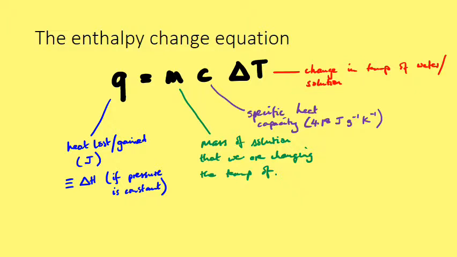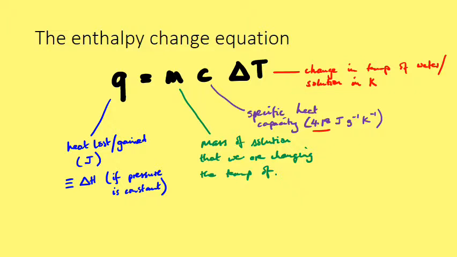So, for example, if it's the enthalpy change of a reaction that we're doing, like with an acid and an alkali, it's not water that we're using, it's whatever acid and whatever alkali. But because the acids and alkalis are mostly water, we will probably use the specific heat capacity of water anyway. So this is the change of temperature of the water or the solution in Kelvin.